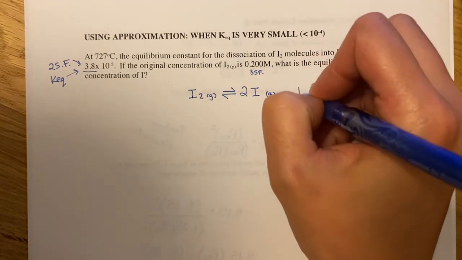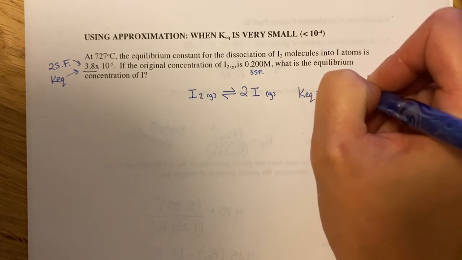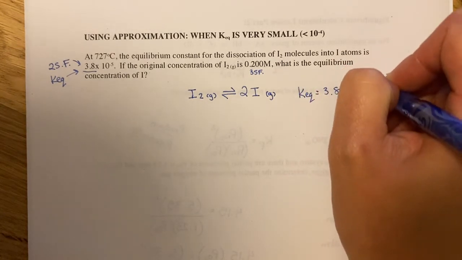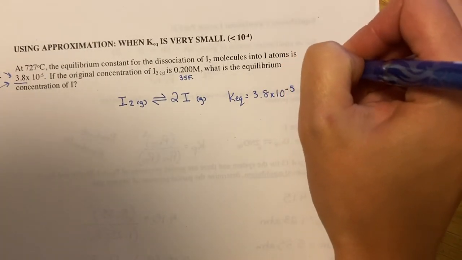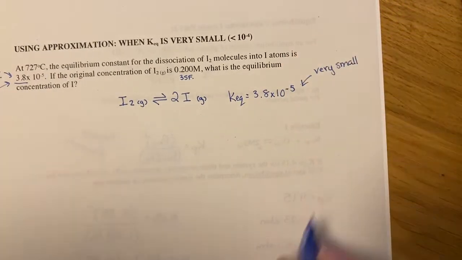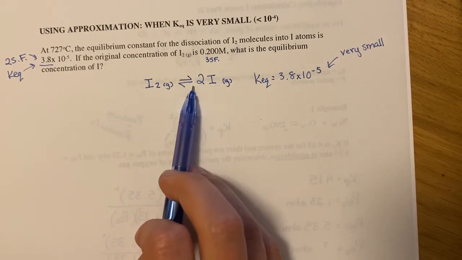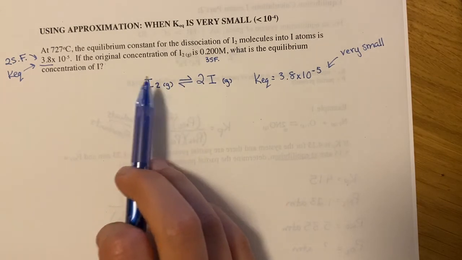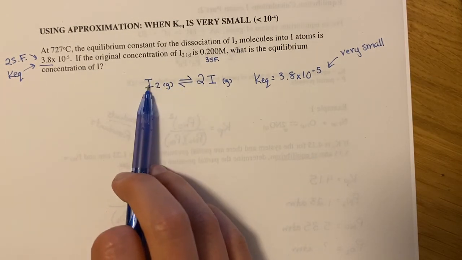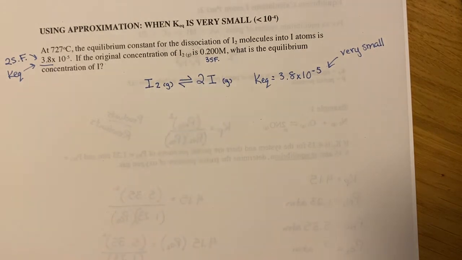The KEQ for this reaction is 3.8 times 10 to the -5. Okay, this is very, very small, which means that there's almost none of this actually being made. Most of the reaction is over here. Most of what is present is going to be the I2 gas. Very little is coming over here.